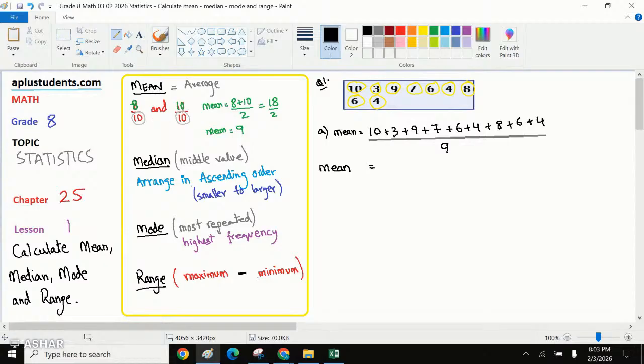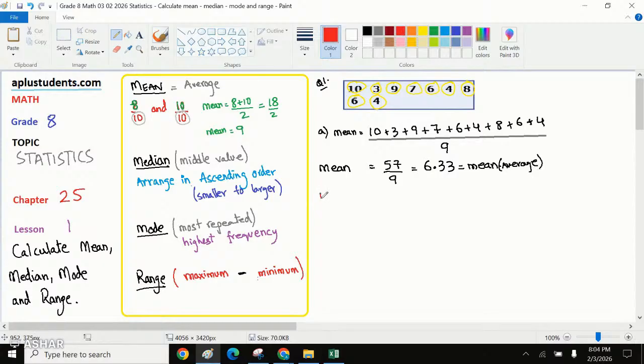That comes out to be 57 divided by 9. It would be 6.33, I think, right? So it comes out to be 6.33. That is the mean score. That means if everyone scored 6.33, the 10 becomes 6.33. Mean is also known as the average.